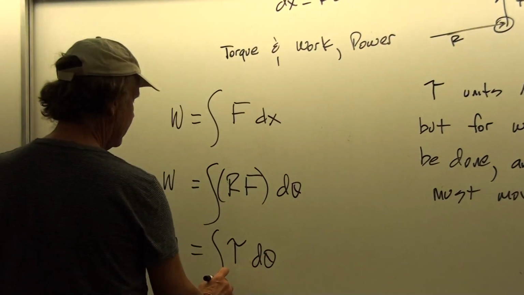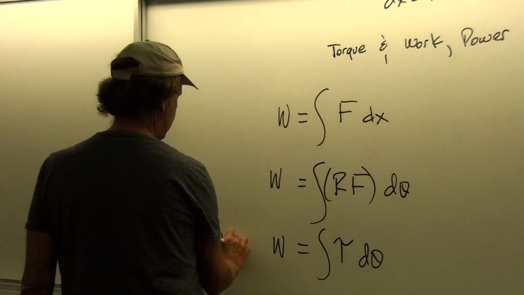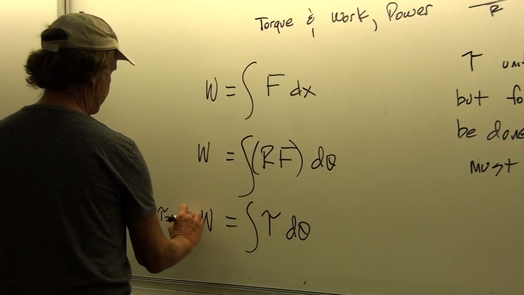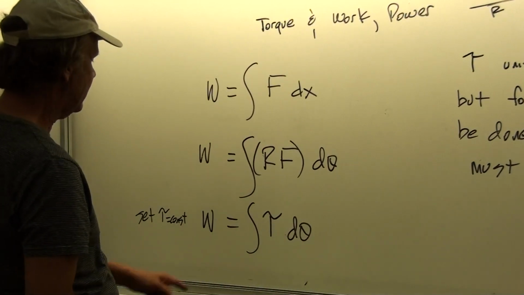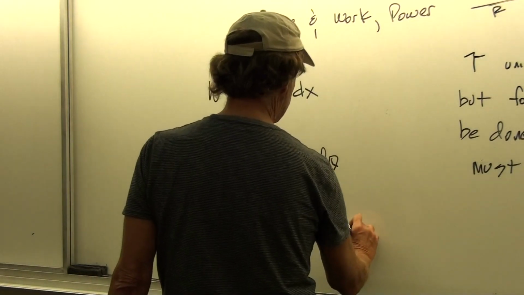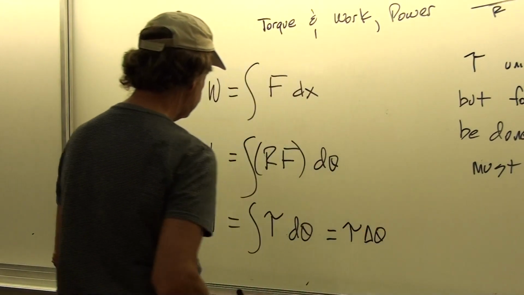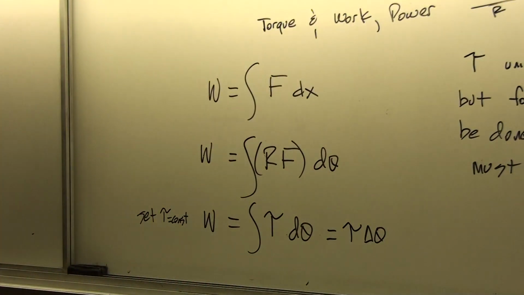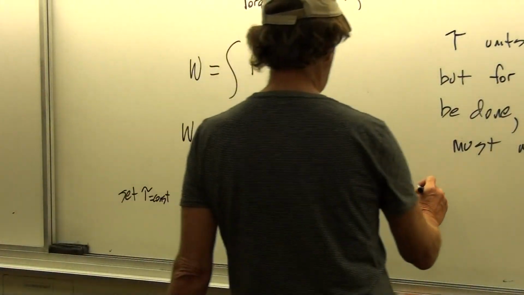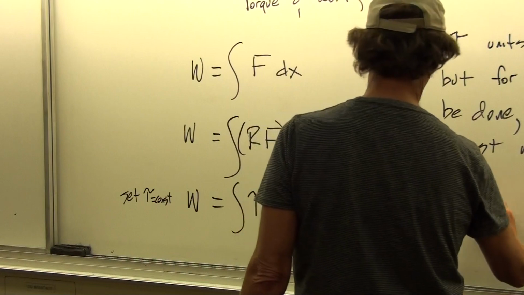Okay, and so we can say then basically that in this example, let's say that the torque is constant. Now, it's not always going to be constant, but let's set it equal to a constant for this example. If the torque is constant, then we can pull it outside of the integral, and then the work done is going to be equal to the torque times delta theta. And then if we want to take the derivative of that, we can say that dW/dt is equal to the power.